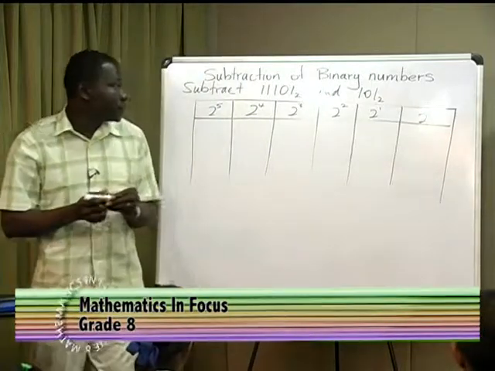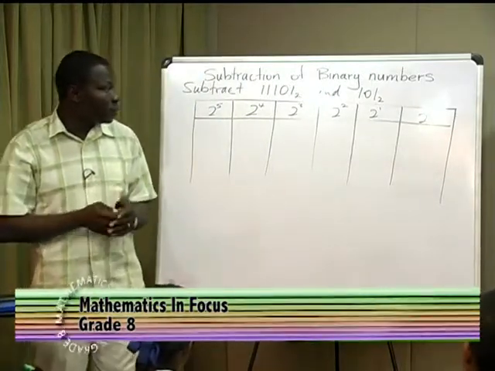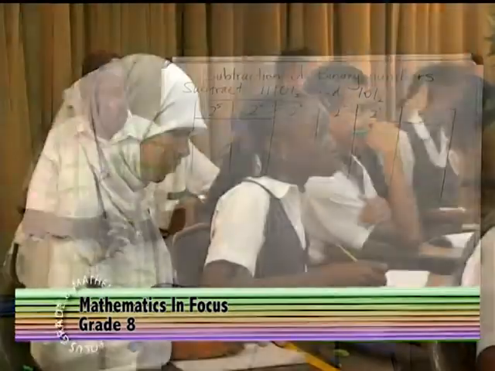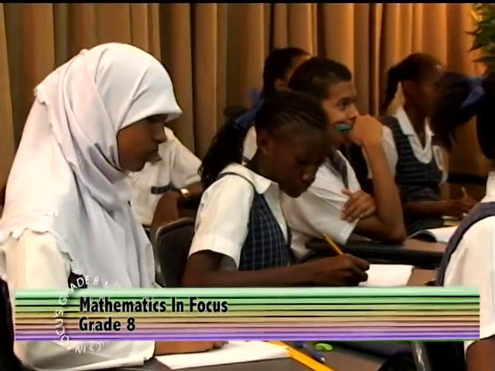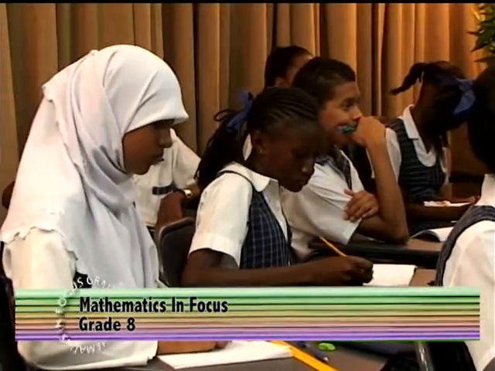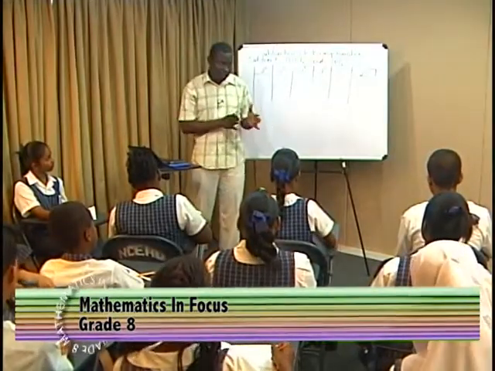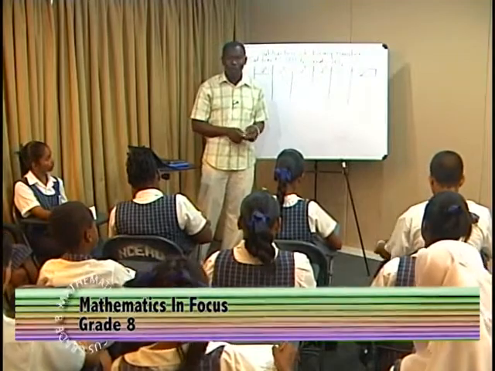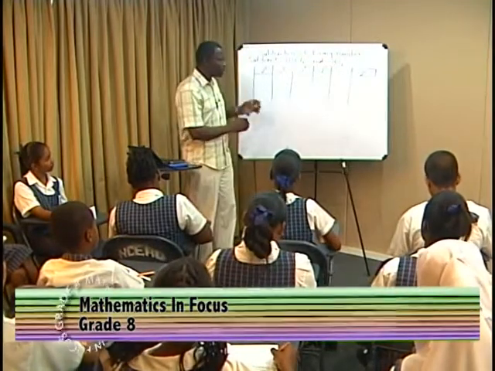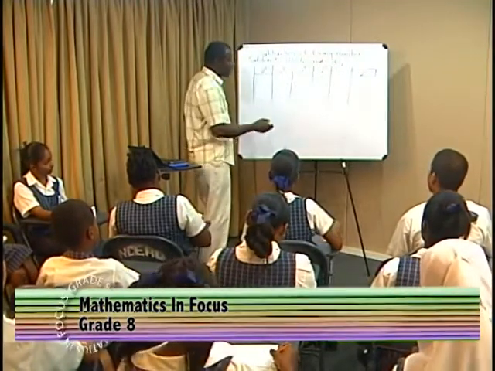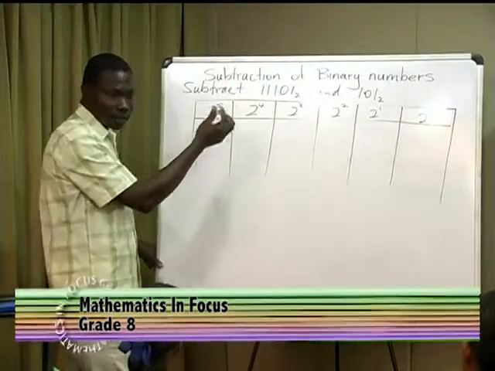We're going to subtract 101 base 2 from 11101 base 2. To start us off, we're going to set this on our place value grid. It doesn't mean that we will continue with the rest of our problems using this place value grid, but just let us see how it applies here. And I showed you in the last class how we set this down on the place value grid.